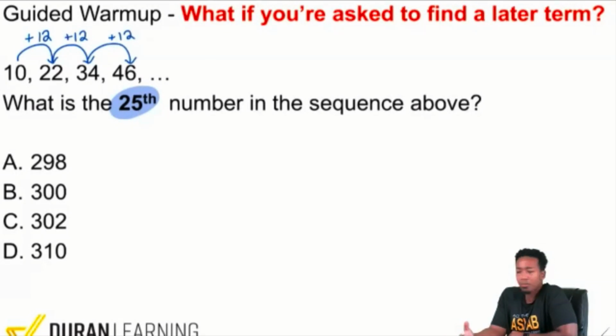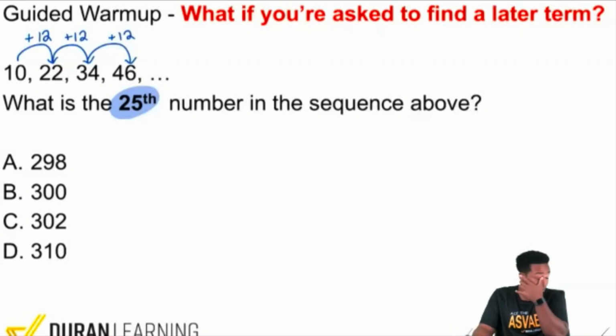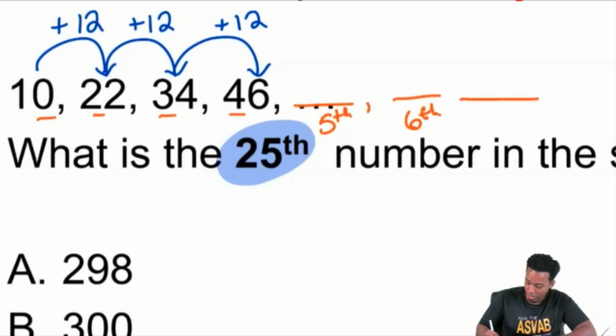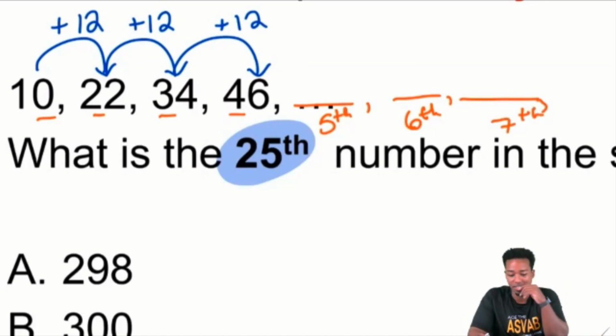We're adding 12 from one to the next. Okay. Did anybody here try to go ahead and go, okay, let's just set it up? So that's 1, 2, 3, 4, 5th, 6th. Did anybody try this out and try to do it to get to the end? Be honest. Did anybody try that out?